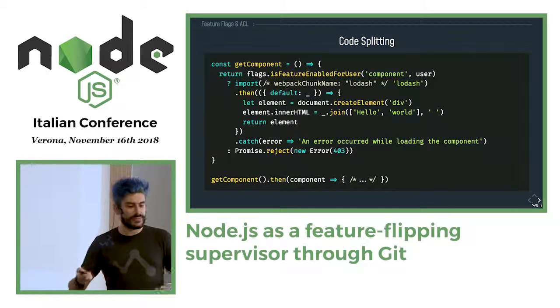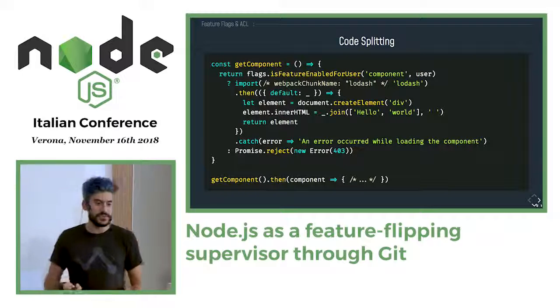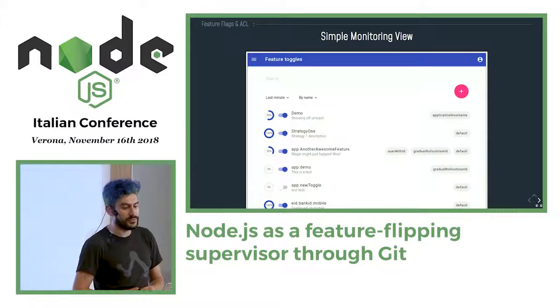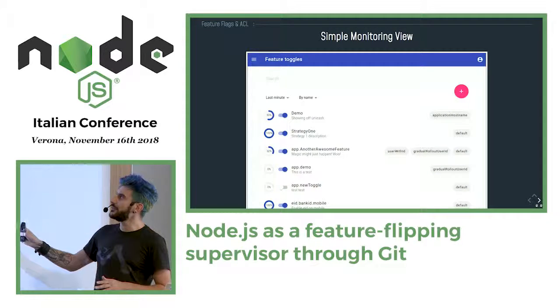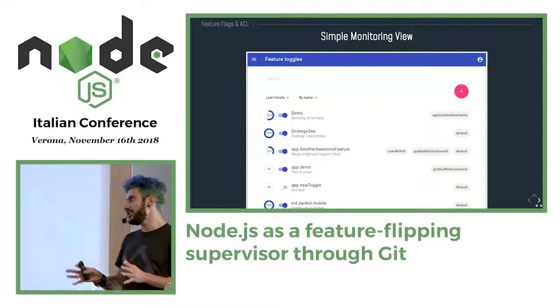Another advanced use of feature flags is the possibility to get a simple monitoring view. There is a server dedicated to feature flipping, namely Unleash.